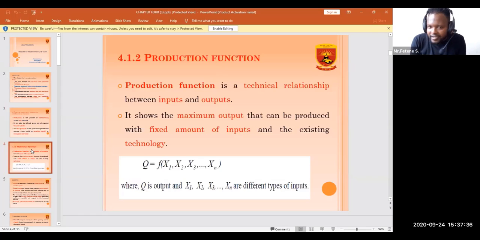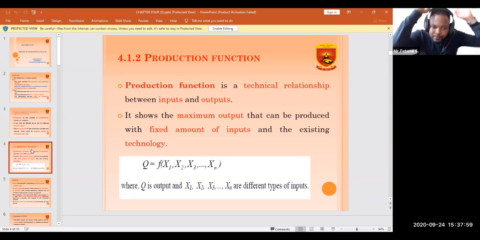Production function is a technical relationship between inputs and outputs. The mathematical equation we use to express the technical relationship between input and output is called the production function. It shows the maximum output that can be produced with a fixed amount of input and the existing technology.